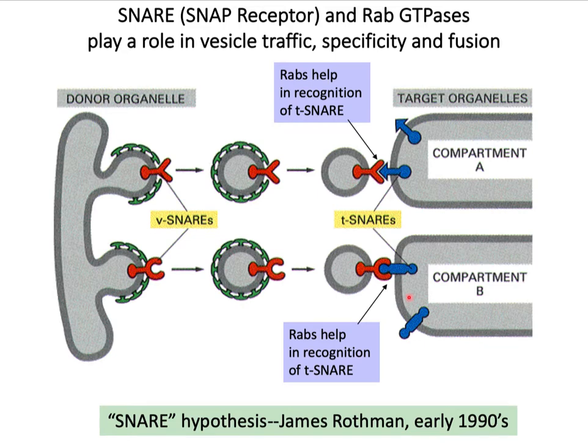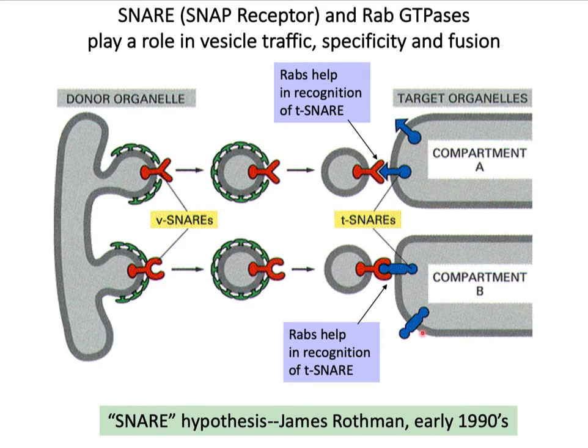So this is what imparts or confers the specificity, because there are specific V-SNAREs and T-SNAREs. Depending upon where the transport vesicle is supposed to go in the cell, it will pick up a specific V-SNARE, which can only bind to the T-SNARE on its target compartment. It is almost like a lock and key.